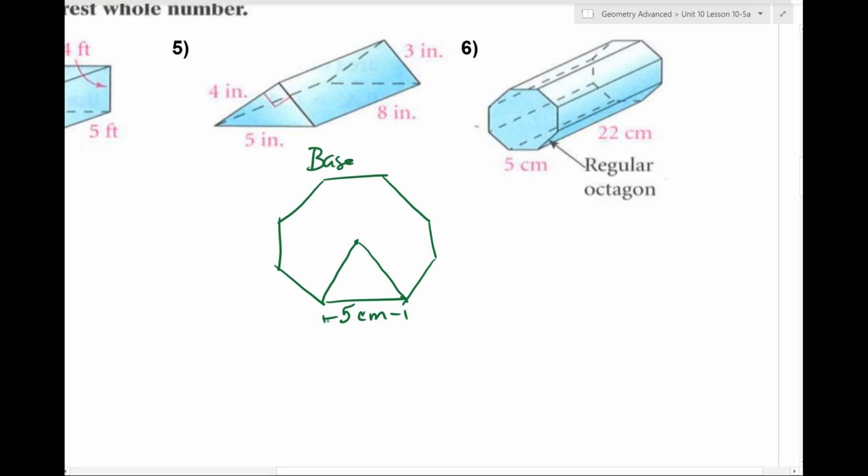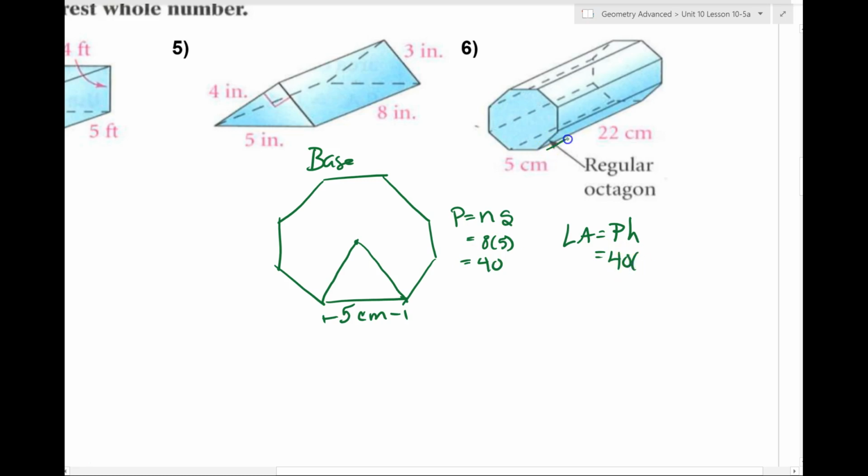Well, what is the formula for lateral area? The lateral area formula is perimeter of the base times the height. Well, can we quickly solve for the perimeter of this base? And the answer is yes, because perimeter is the number of sides times side length. So we know right away we got 8 times 5, and we get that to be 40.